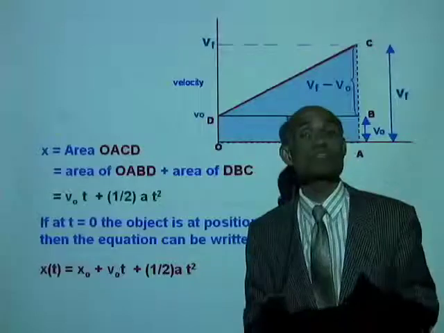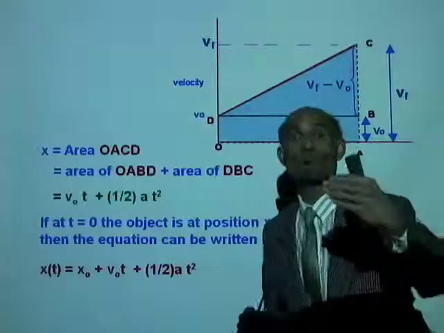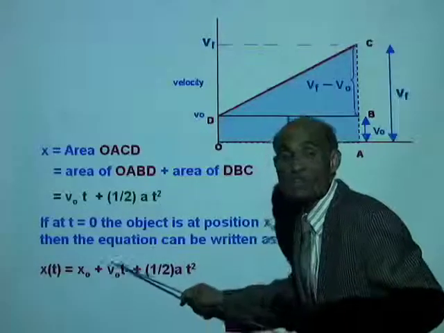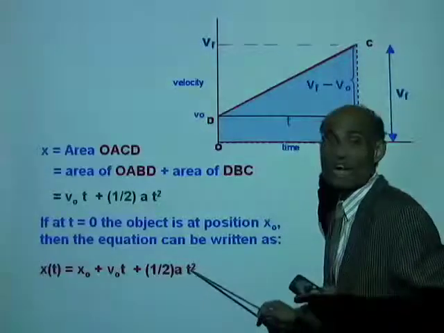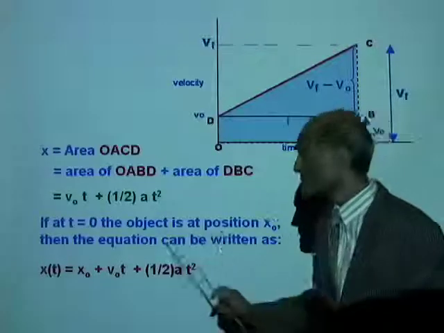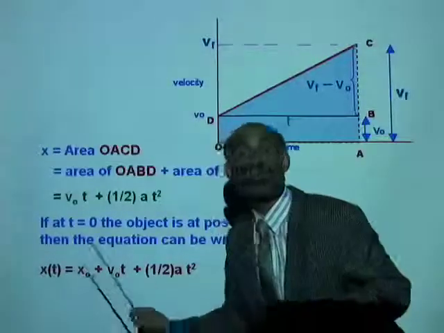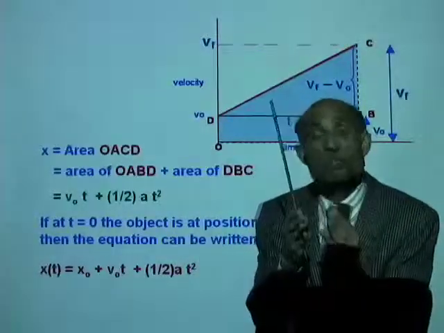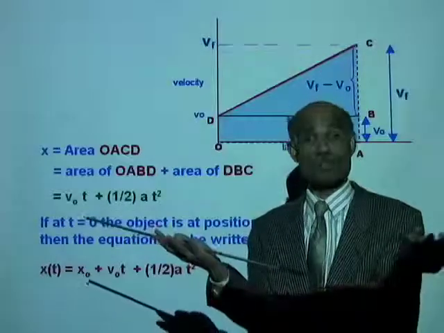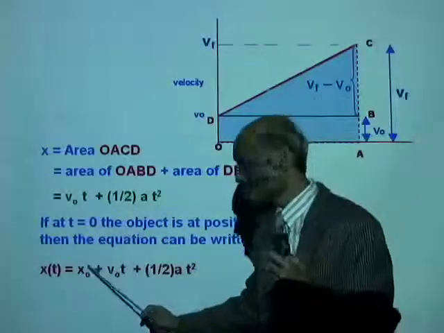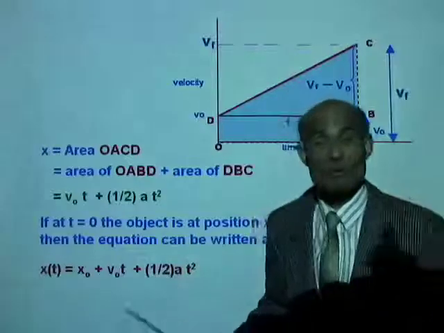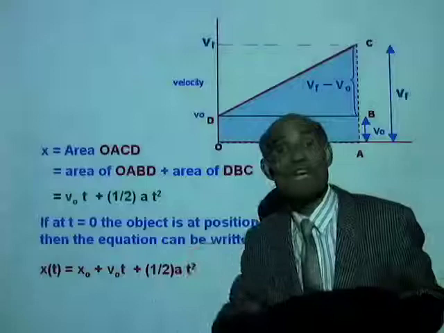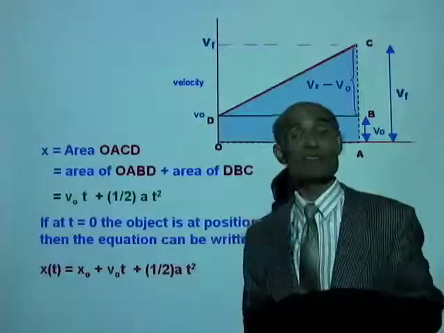The second equation is for the displacement of a moving particle, in terms of the initial velocity, acceleration and time. And you see, very often x0 will be 0 because we can take the initial position to be the origin. But there are some cases where x0 will not be 0. So we will keep this form, although in most cases x0 will be 0.